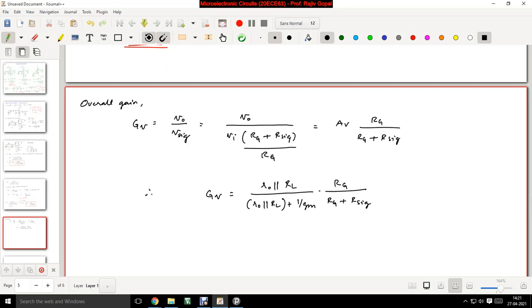This GV is considering the actual expression for AV, without any assumptions. So this I will put in a box.